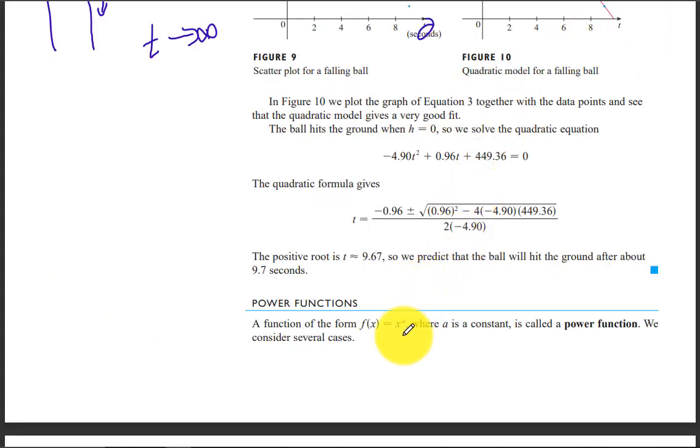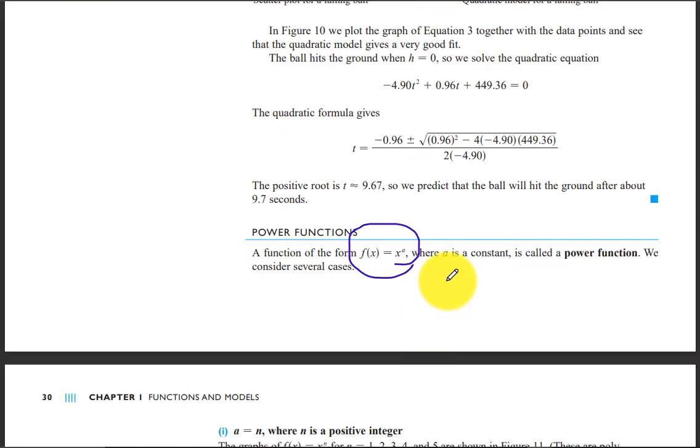Okay, next they talk about power functions, so that's just something like this. So it's a polynomial, but you only have one term, only the highest power. So that's called a power function. And I think that a can be any constant. So actually, no, it's not a polynomial, because in a polynomial, all of the powers have to be whole numbers, right?